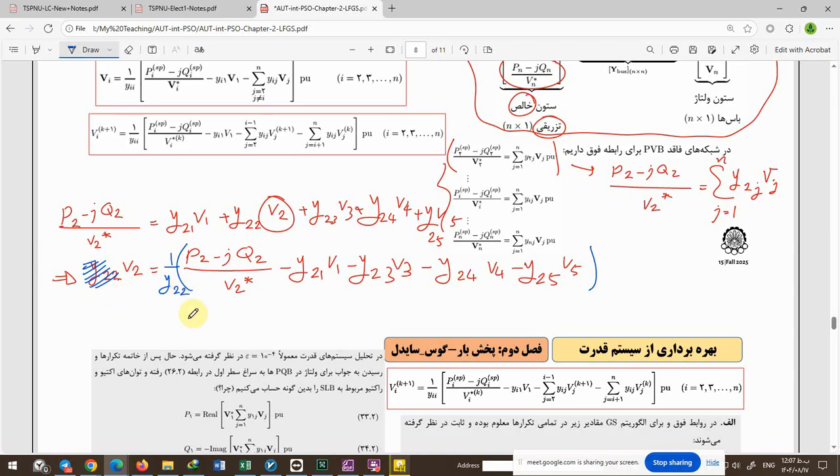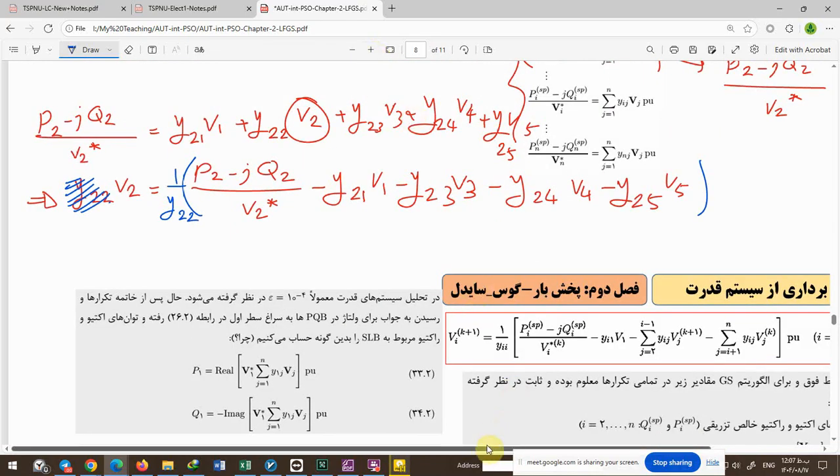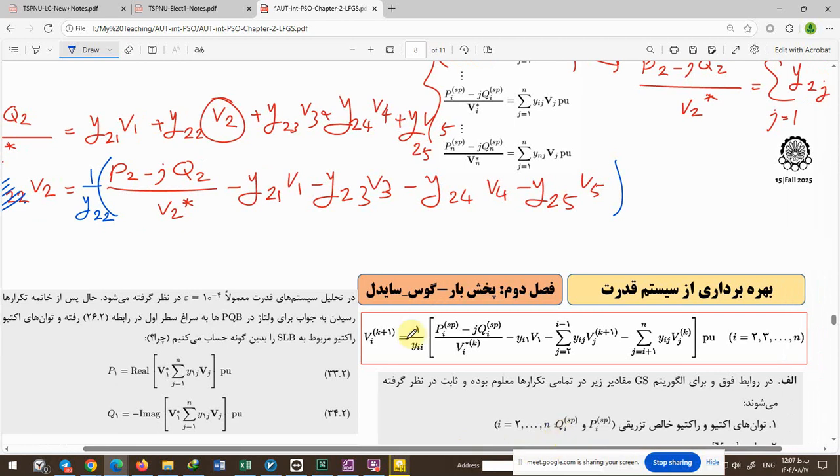we can write, as a general formula for finding Vi, the voltage in bus i is 1 over Yii multiplied by a parenthesis, which is Pi specified minus jQi specified over Vi conjugate.